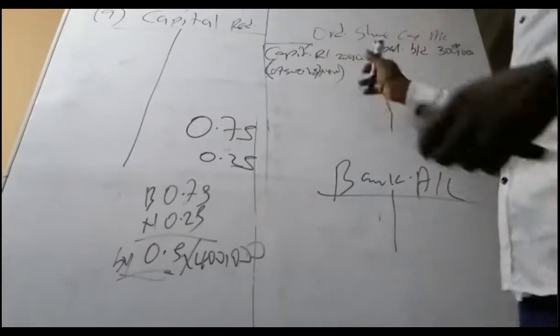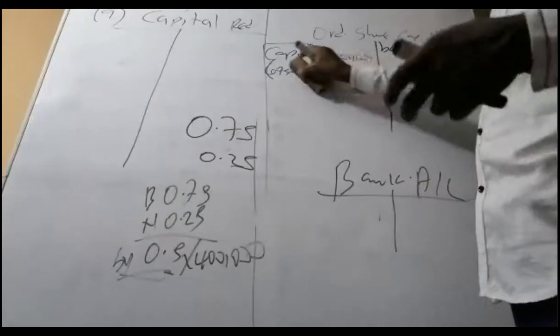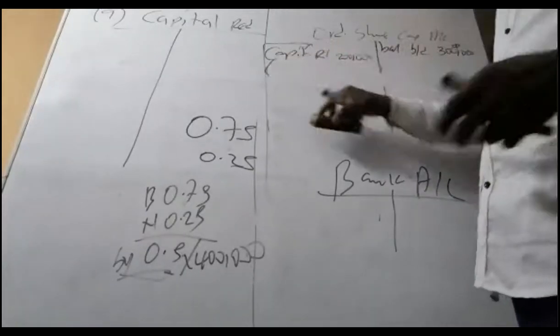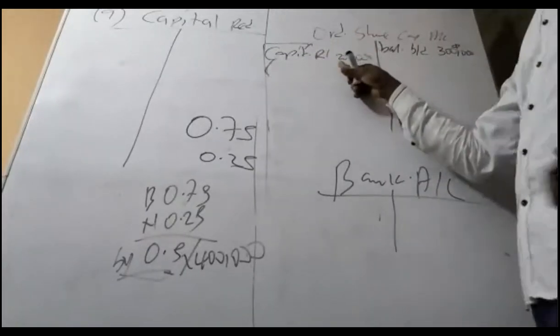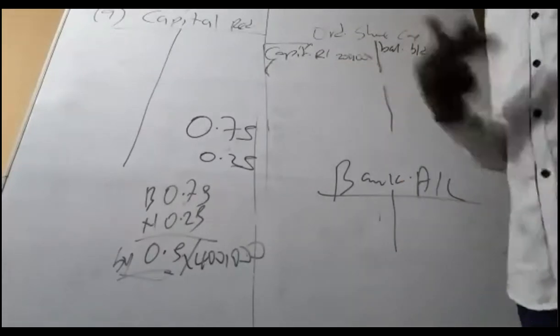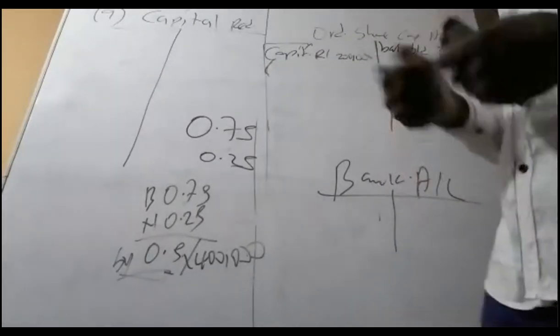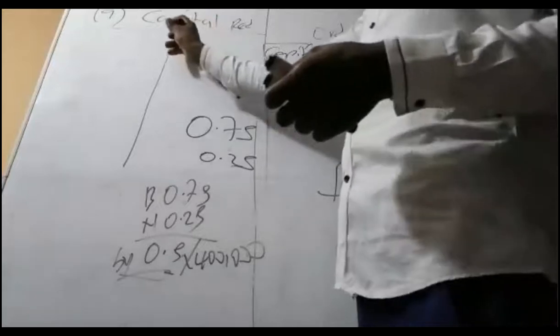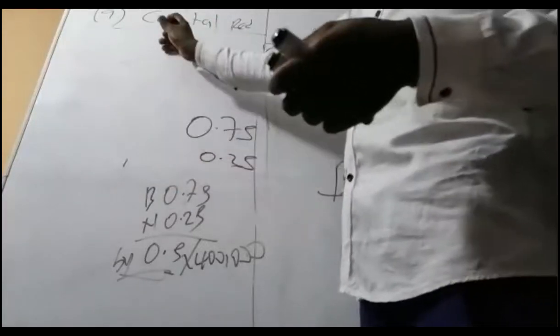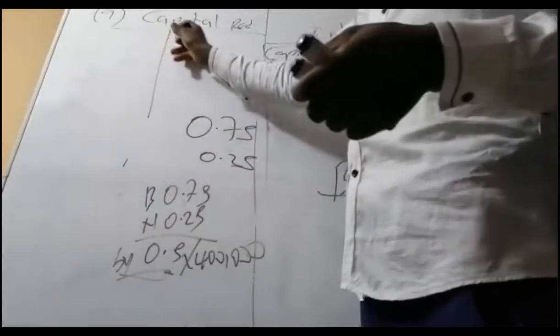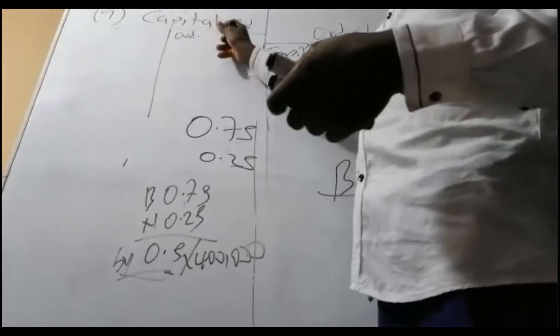That'll give us 200. We are done with the first one, but the second entry is here. It must go to the capital reduction account on the gain side. Where is it coming from? Ordinary share capital. So ordinary share capital, 200,000.